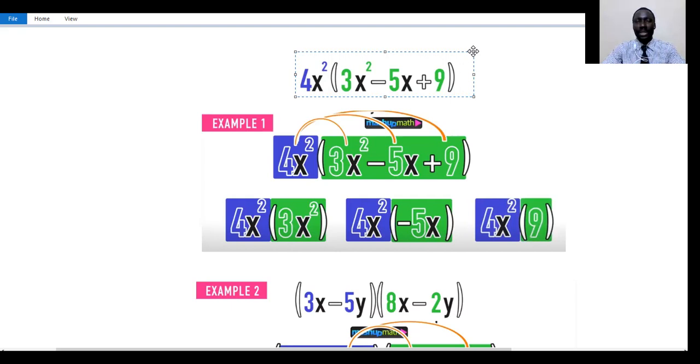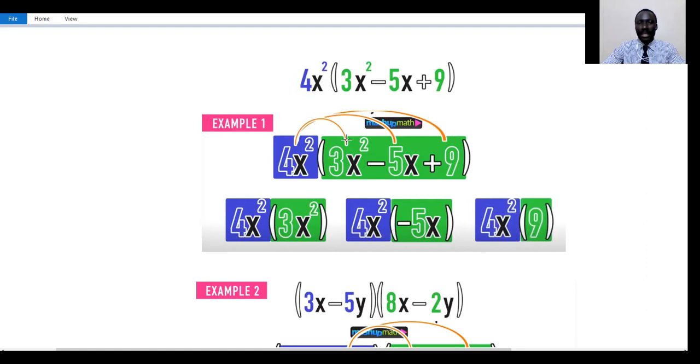How do we deal with this? Now, as indicated here in the second step, the 4x squared, which is right outside here, we will have to use it to multiply everything inside the bracket, starting with 3x squared. That's the reason you see this line getting all the way to there.